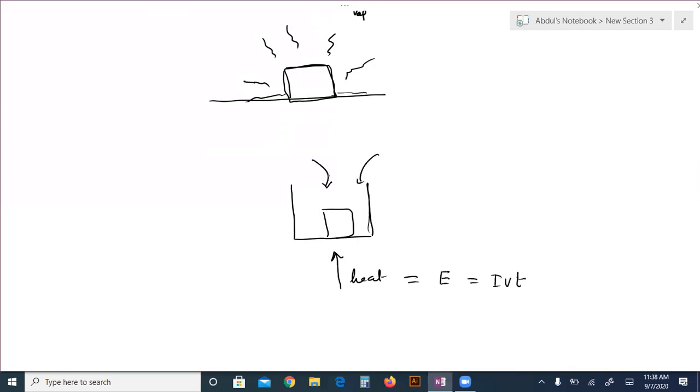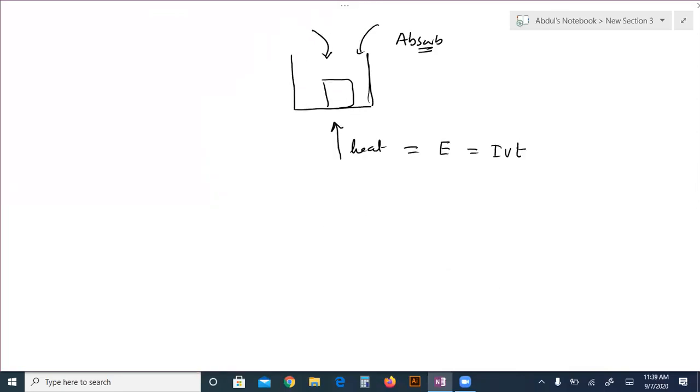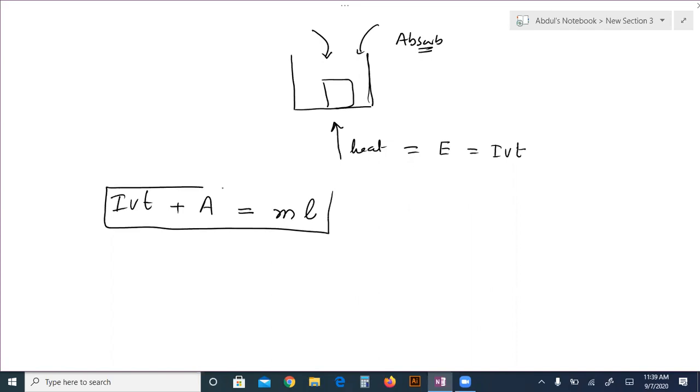Plus, it is also absorbing energy from the atmosphere. So the total energy absorbed by the ice cube is IVT plus the energy absorbed from the surrounding, which is melting it. So this is the actual formula.